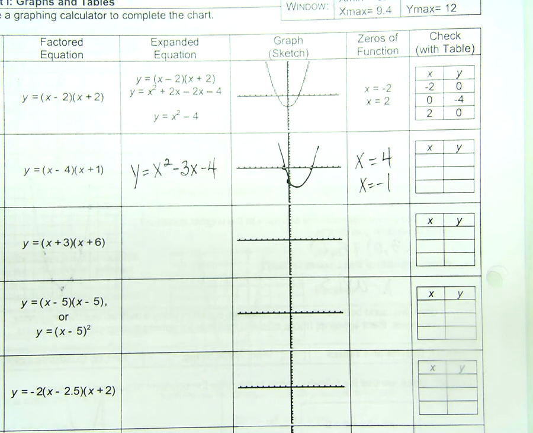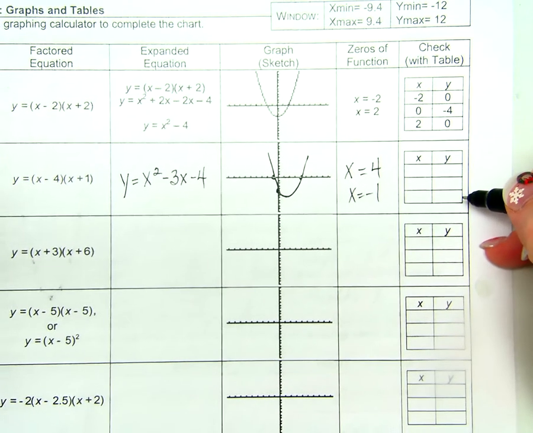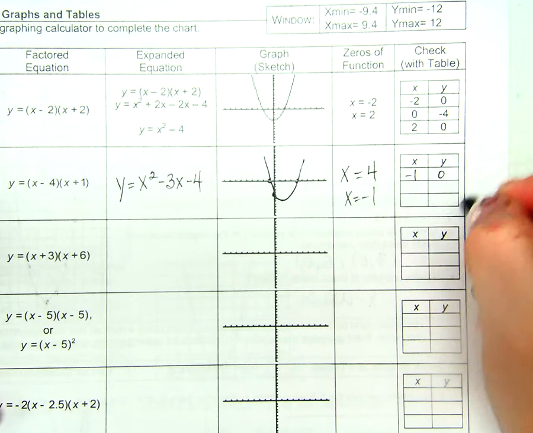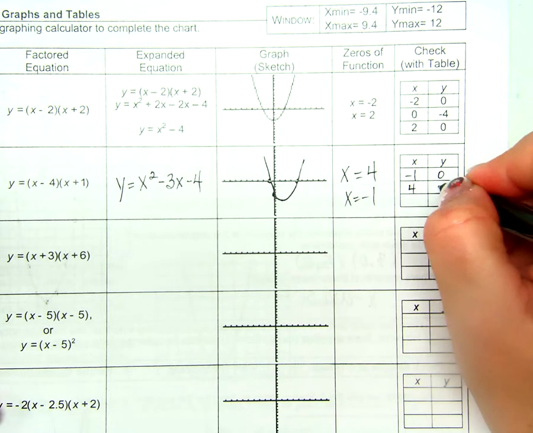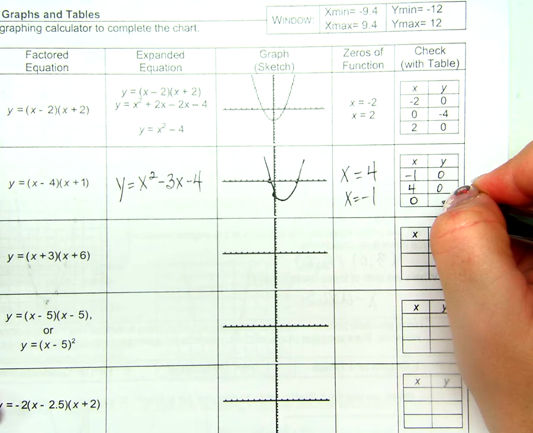How are zeros related to the factors? That was J, right? That's what I made you do J for yesterday. Did you get that? 3 people. Excellent. Okay, so what about the table? Negative 1, 0, 4, 0, and 0, negative 4, right?